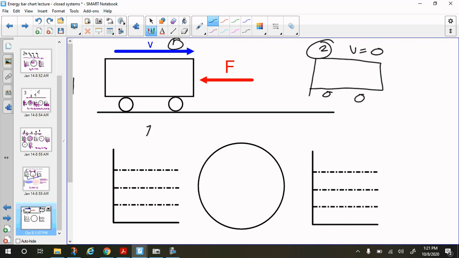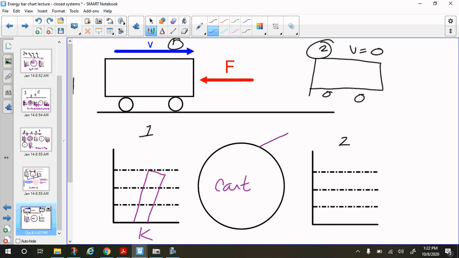and that force on it is causing it to come to a stop. So if I put just the cart in the system, and the cart's all that I need to have in the system, I don't need the Earth because it's not changing its position in the gravitational field. So we put the cart in the system, and we start off and we have kinetic energy. And then in the end, we don't have any energy at all. There's no energy left.